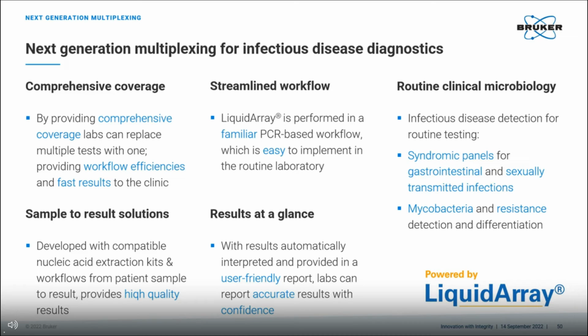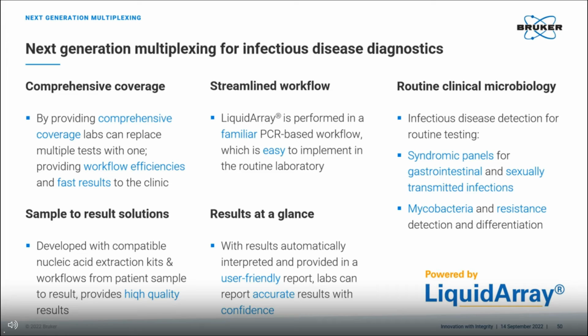It's performed in a familiar PCR-based workflow, which is then easy to implement in the routine laboratory. And we're providing infectious disease testing for syndromic panels for gastrointestinal, as you've seen, in sexually transmitted infections, as well as mycobacteria and resistance detection and differentiation.